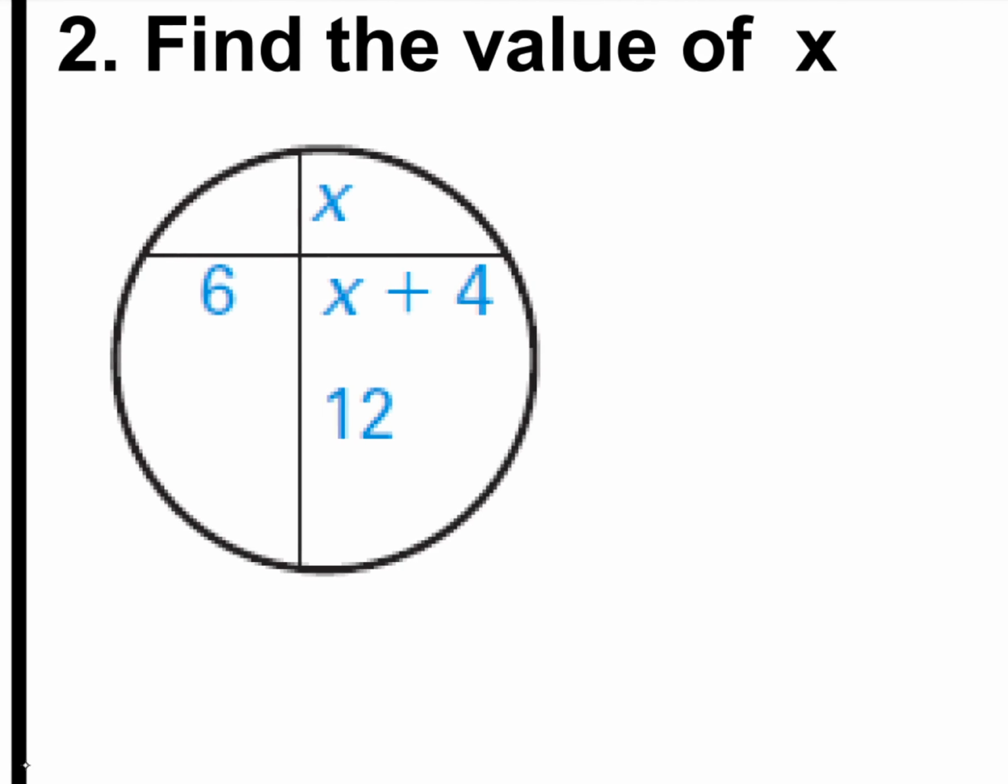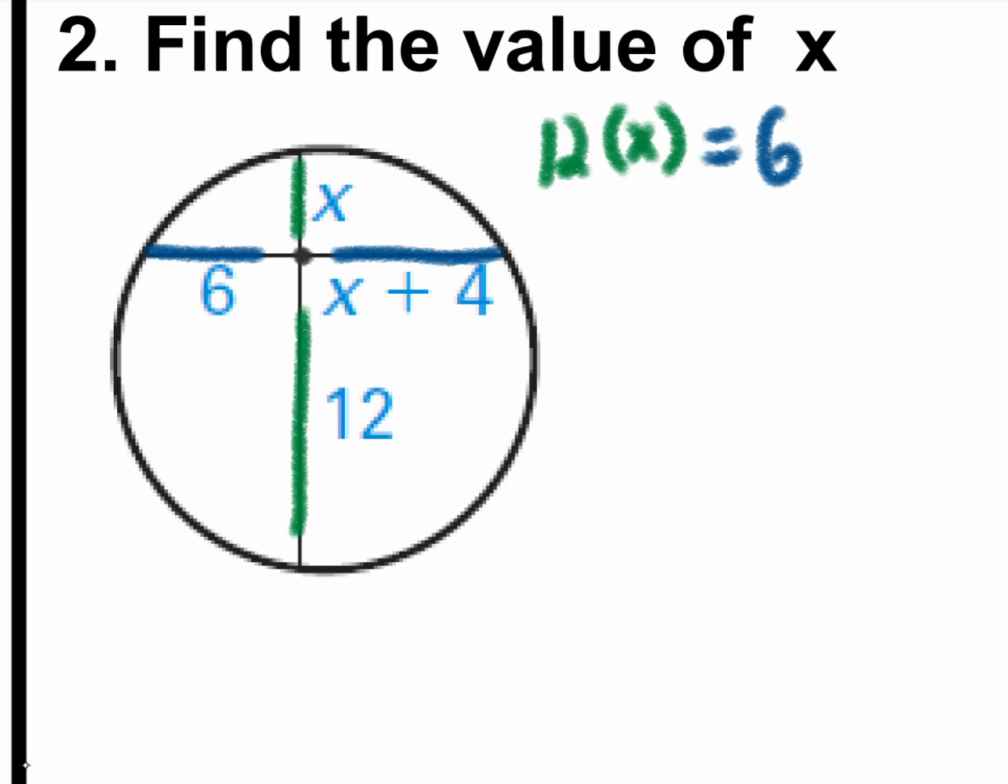Okay, let's try one more. Number 2, find the value of x. Again, we notice the vertex is inside the circle, so we have that part times part equation. Here are the two parts of this line, and I'm going to multiply those, 12 times x. Looking at the other line, 6 is one part and x plus 4 is the other part.